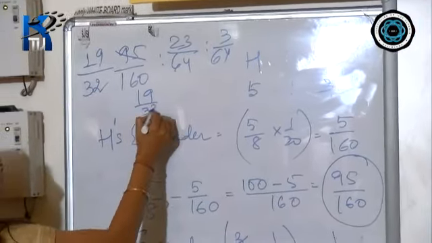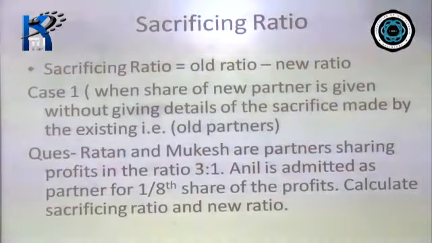Let us move ahead with the sacrificing ratio. Now, first of all, let us understand what is a sacrificing ratio. Sacrifice means the old partner has given something out of his share to the new partner.